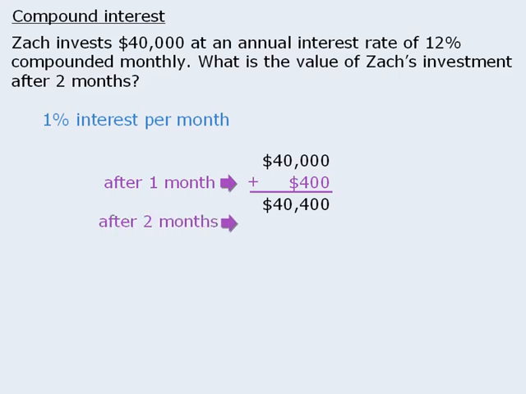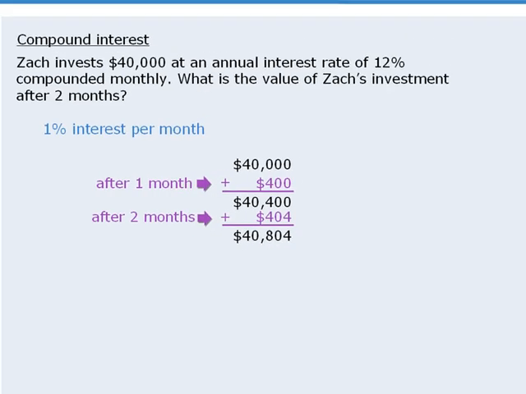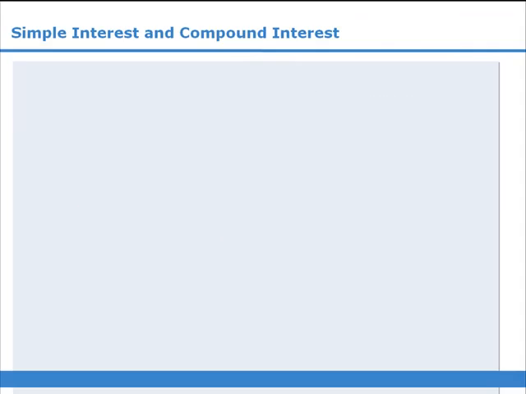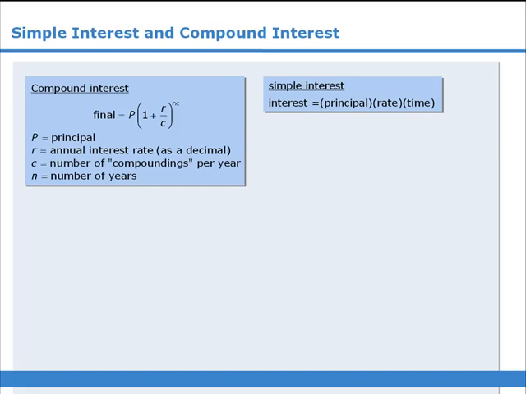At this point, we can determine the interest after another month elapses. This will equal 1% of $40,400, which is $404. When we add this to the previous balance, we see that after 2 months, Zach's investment is worth $40,804.